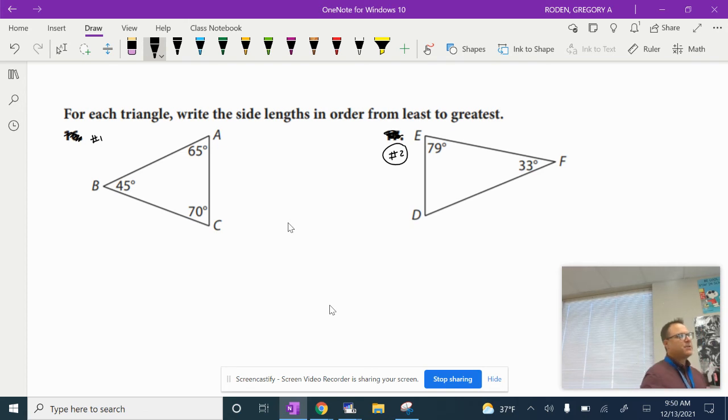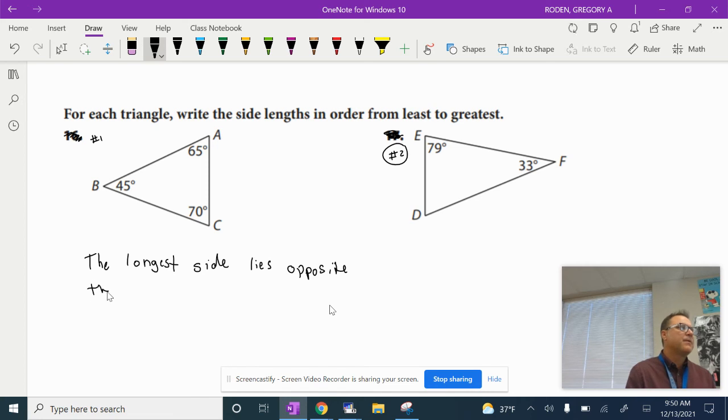Now, first of all, we need to remember this, guys. The longest side, if you need to write this down, great. If not, if you have it in your notes, great. The longest side lies opposite the greatest angle.